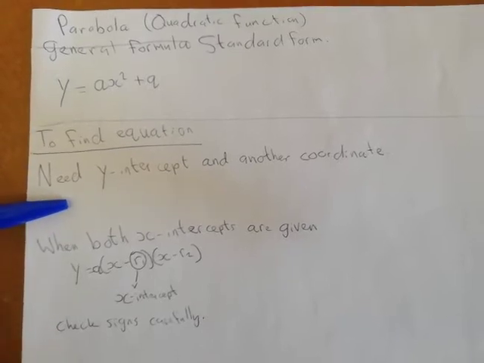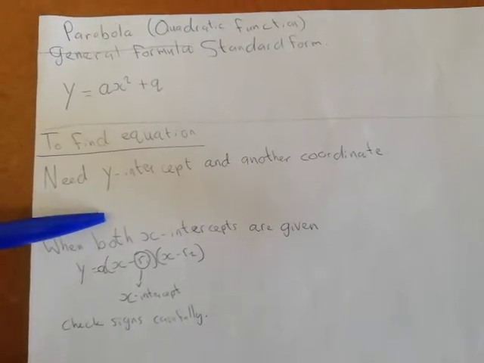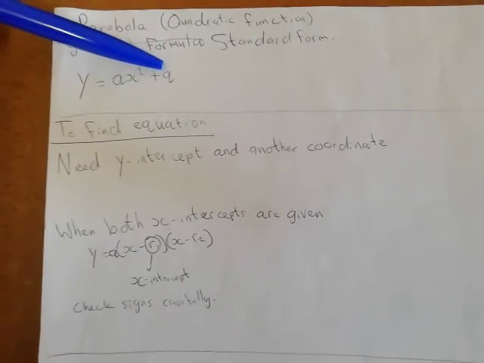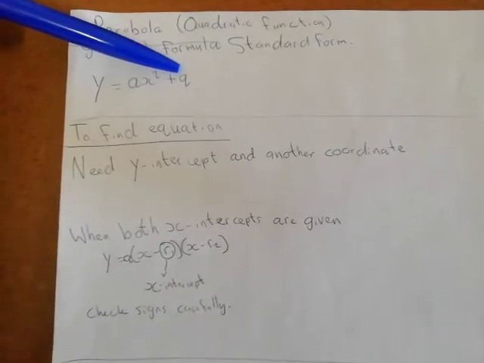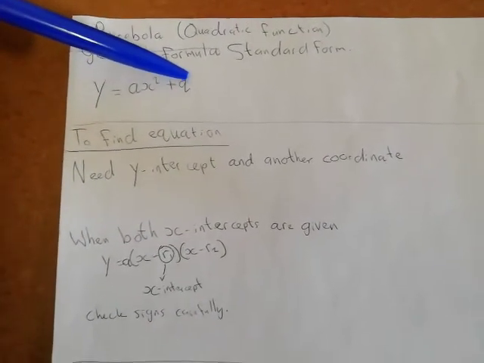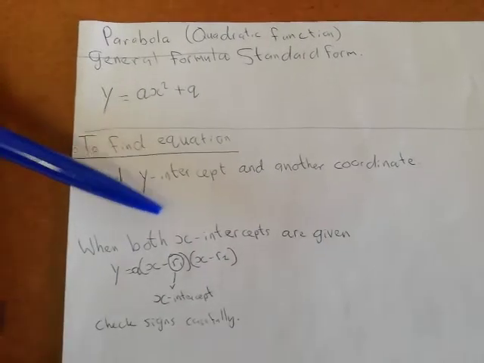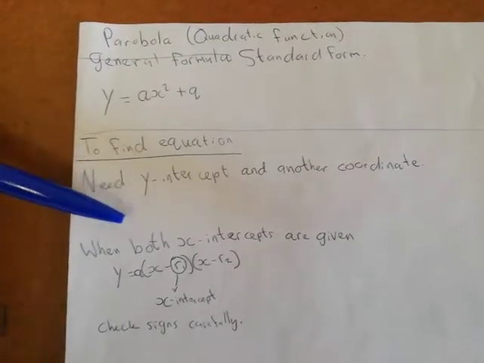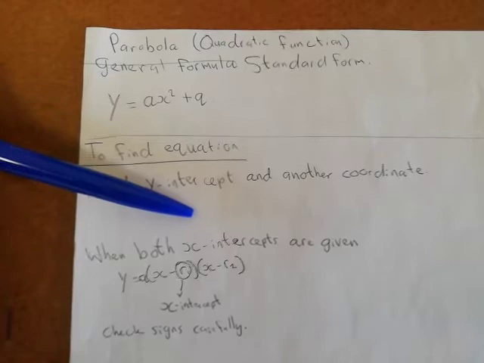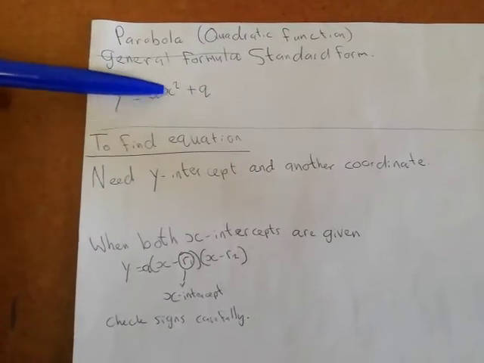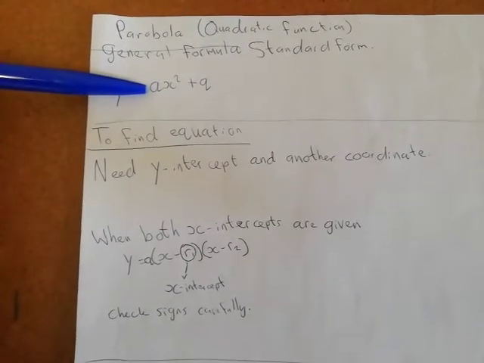When they give you your y-intercept and one other coordinate, your q value is your y-intercept. So you already have your q value the moment you have a y-intercept.